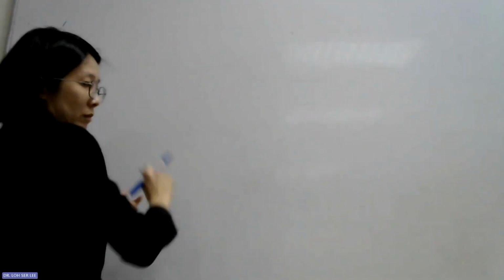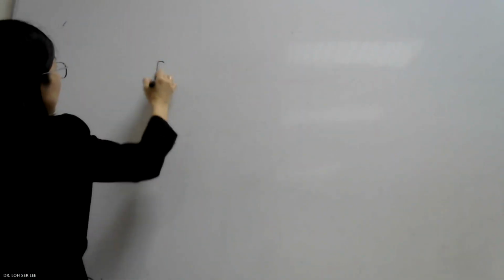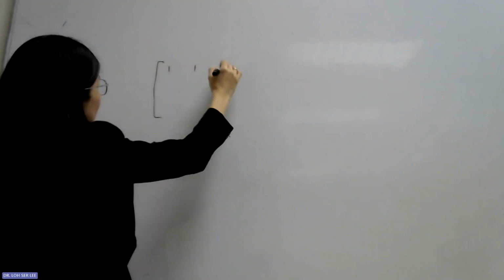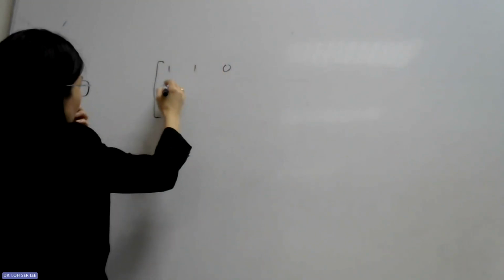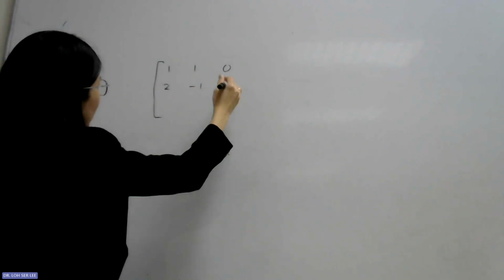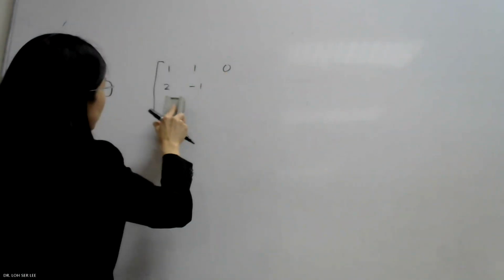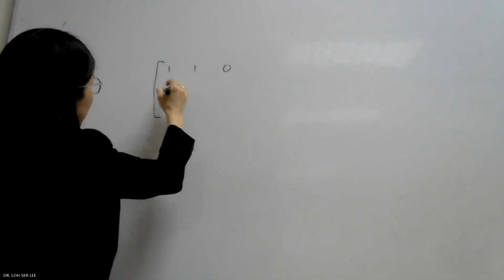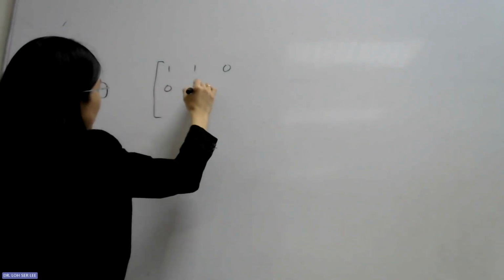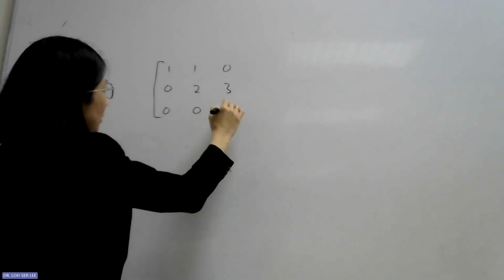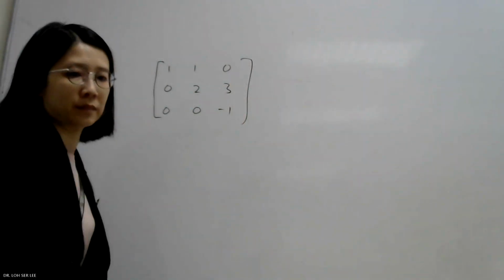For example, I just simply give one example: 1, 1, 0, 2, -1, 0, 2, 3, 0, 0, -1.